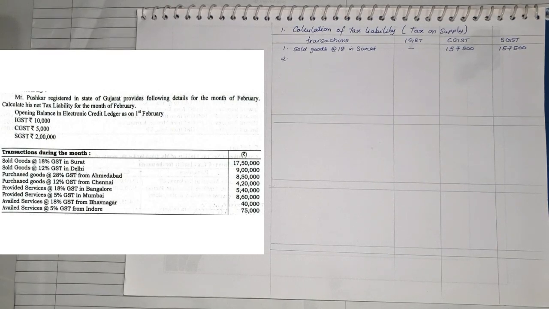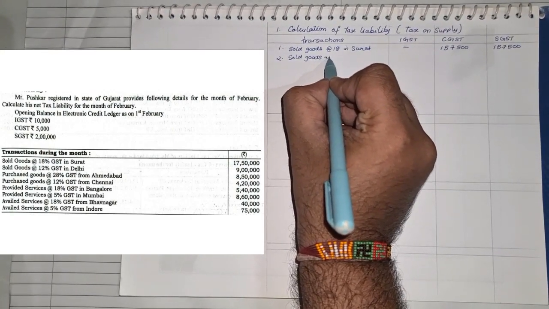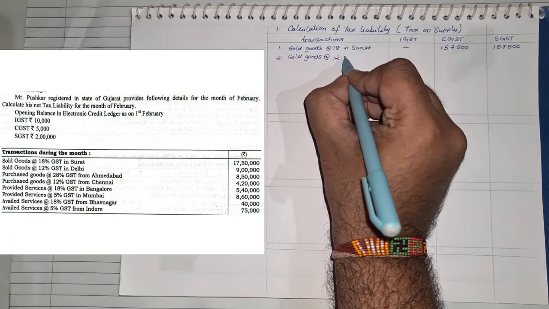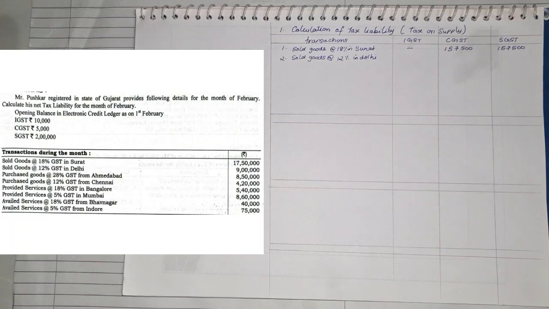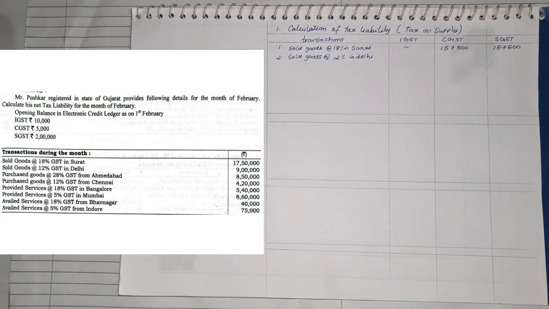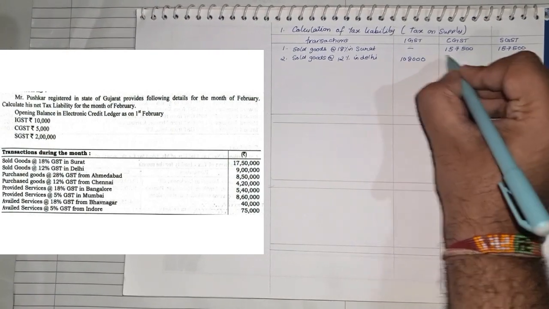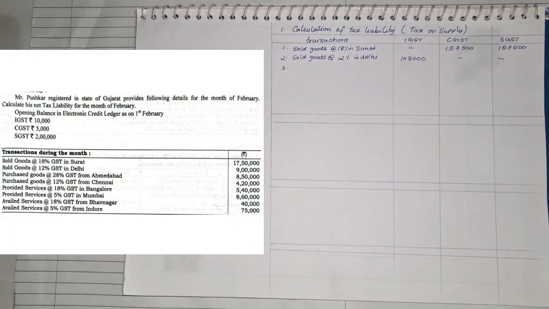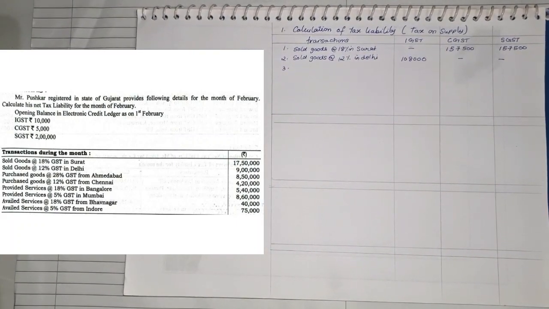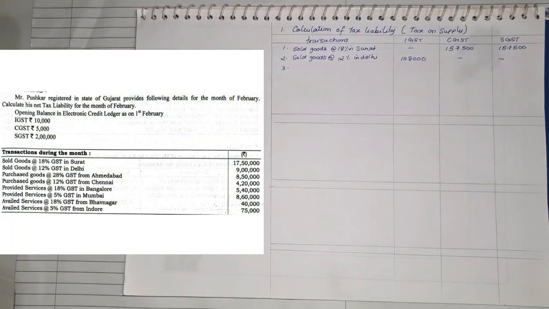Second, there are other goods that have been sold at the rate of 12% in Delhi. The value is 9 lakhs. So I'll write here: sold goods at the rate of 12% in Delhi. 9 lakh into 12% is 1 lakh 8,000. The entire thing will go in IGST because Delhi and Gujarat are two different states. Third, if you look carefully, the fifth one: provided services at 18% in Bangalore. Again a different state.